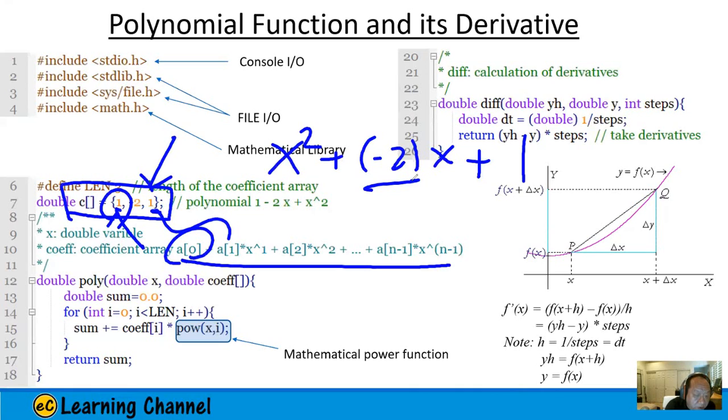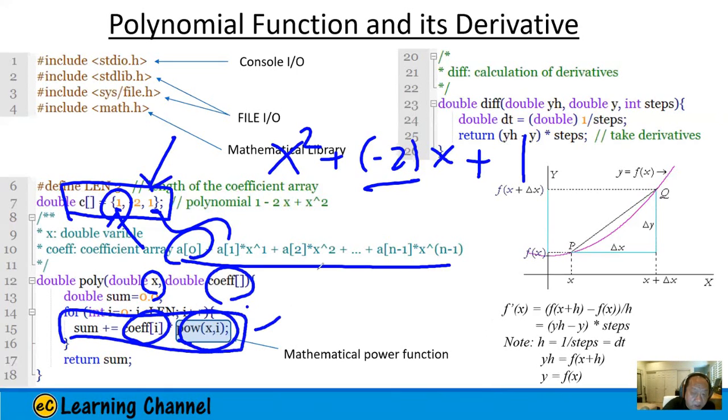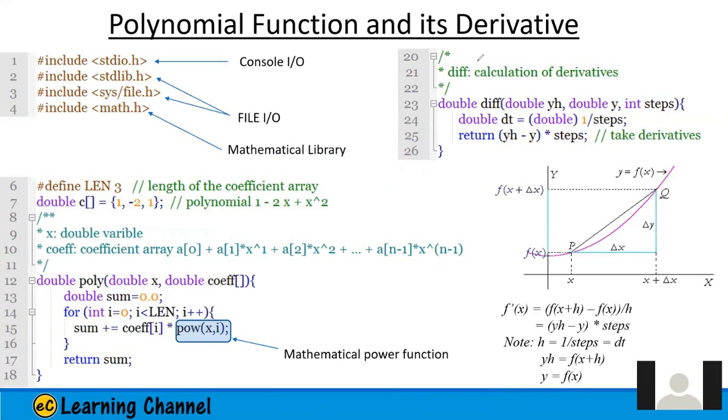So whenever you have an x and the coefficient array, you raise up the power of x and then multiply by the coefficient, and you have this running sum, and it will calculate the polynomial value for you. Is that okay so far? Yeah.